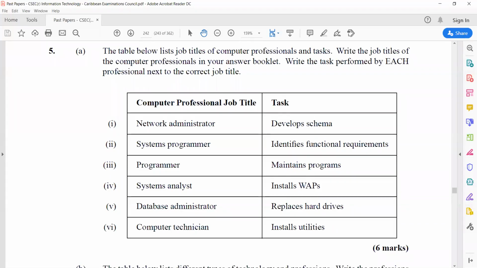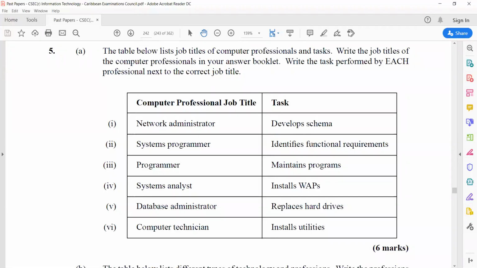Now, one way of looking at these questions: utility programs are like applications on your computer, right? So Microsoft Office, for example, or some sort of program.